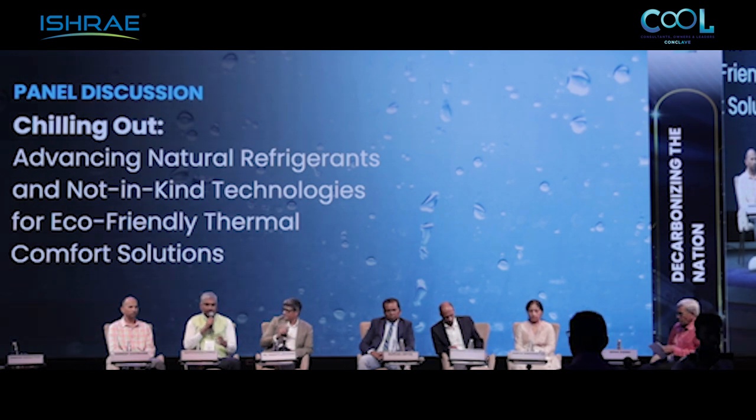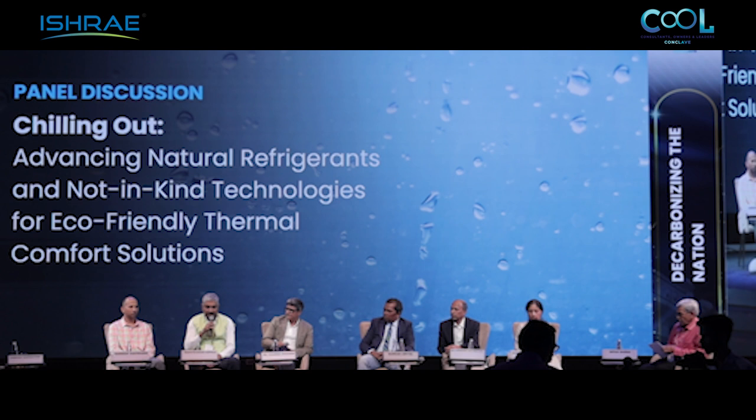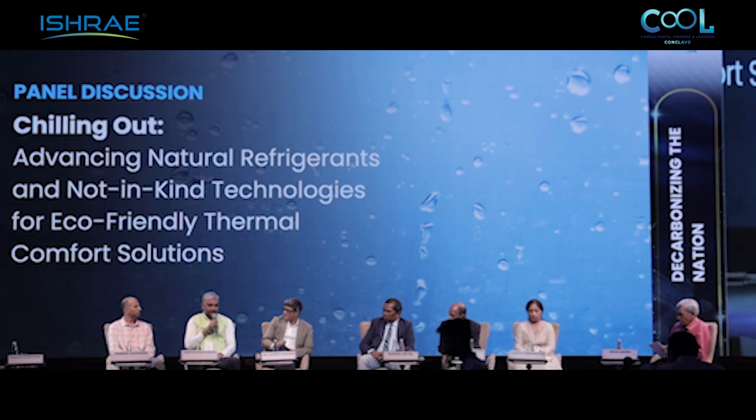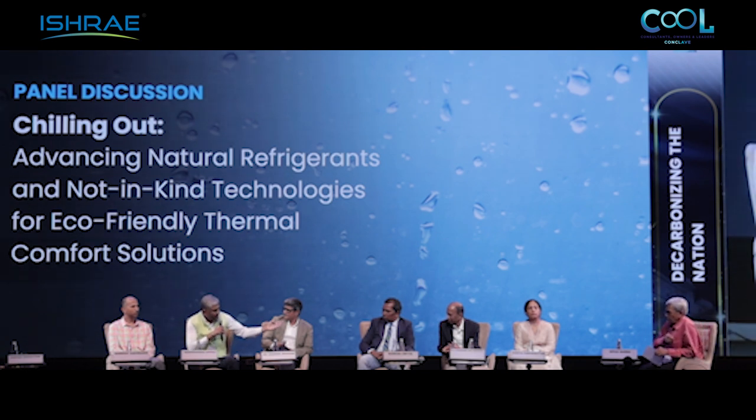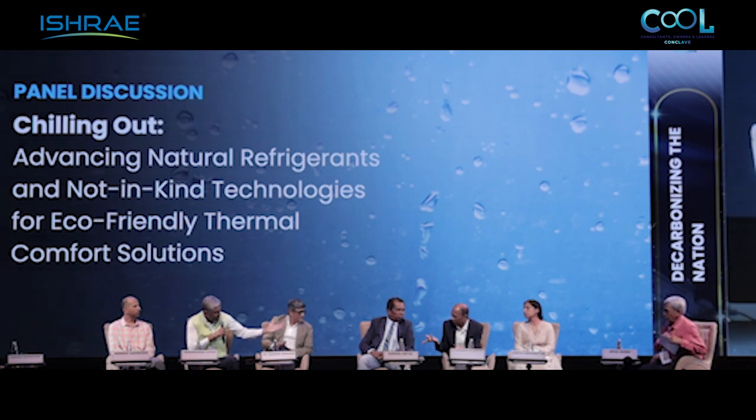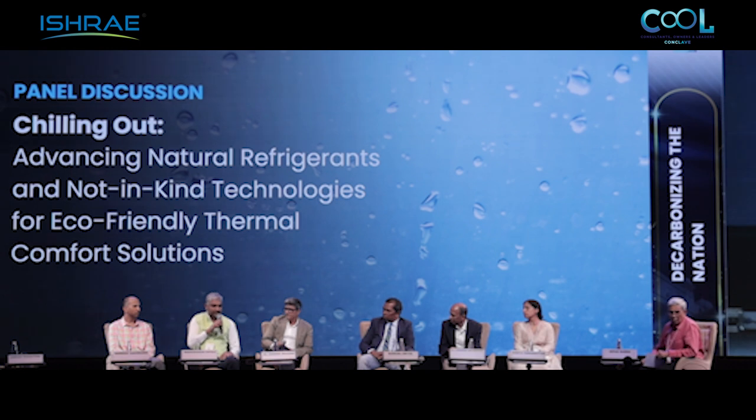So how do you address that? I understand most places in India have that issue, but a good example is the polymer heat exchanger. Polymer heat exchangers are available now which can take more aggressive waters.